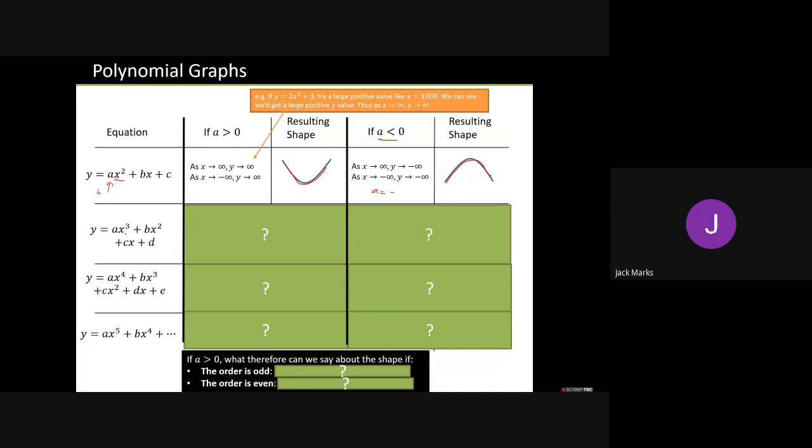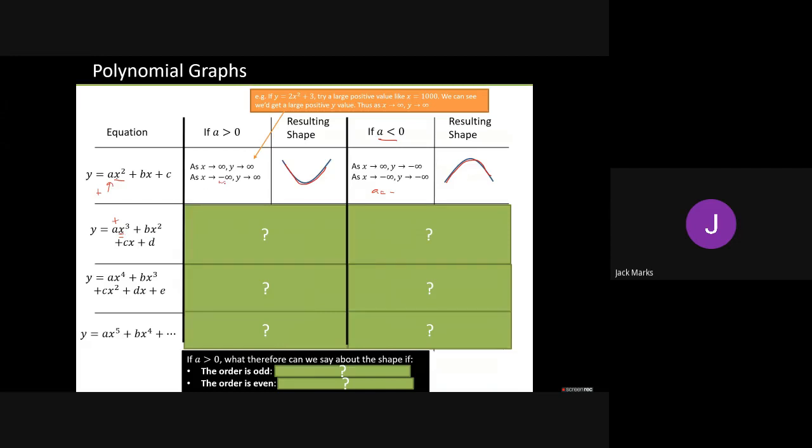And we want to know what happens with other powers. So let's think about x cubed. What happens if you have a positive x cubed? Well, if you put in a negative x, you'll have a negative times a negative times a negative, because you multiply it by itself 3 times. So very, very small values will give you negatives.